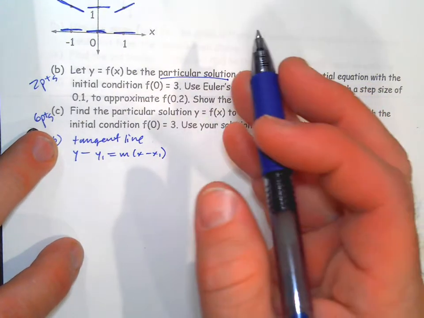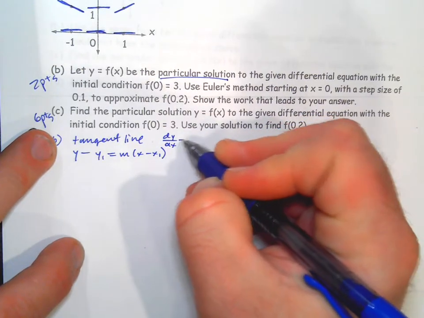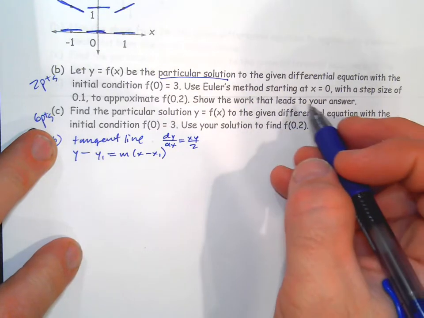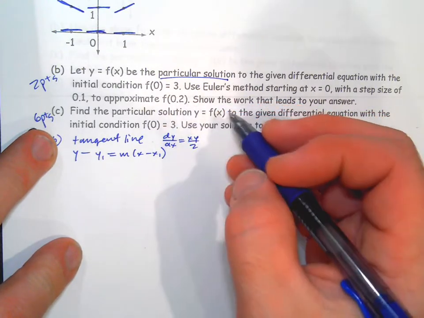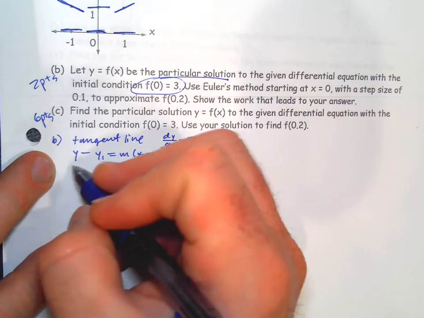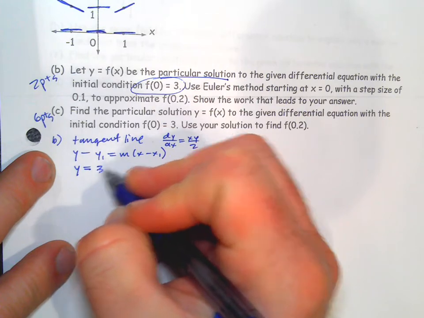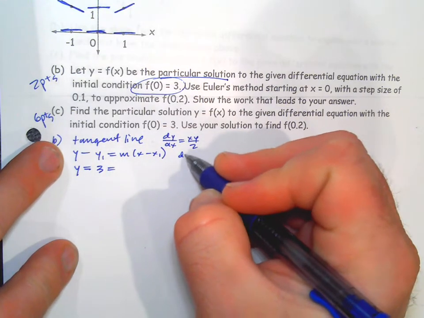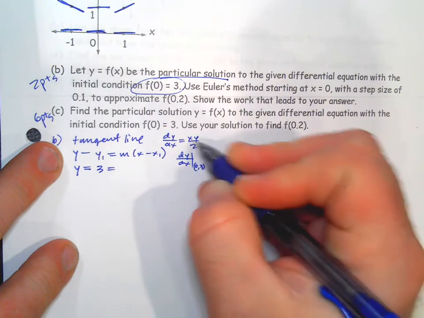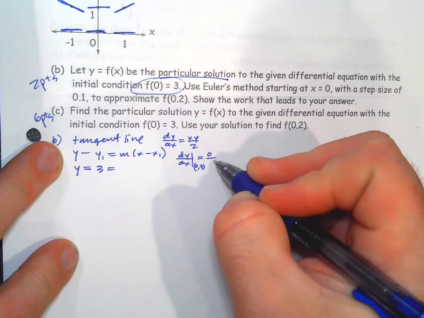So we have our derivative up there, dy dx. I'm going to rewrite it right here. So that's going to give us slopes for tangent lines, and we have an initial condition. F of 0 is 3. So that'll be our first slope intercept. Now we got to plug 0, 3 into our differential equation, and we get 0 over 2 is 0.